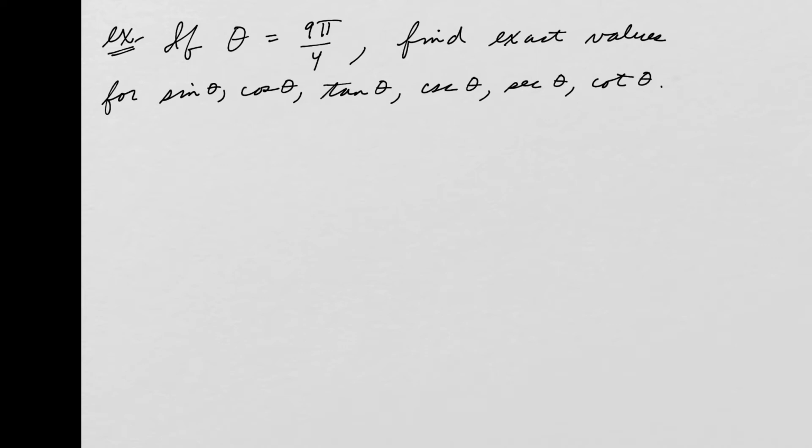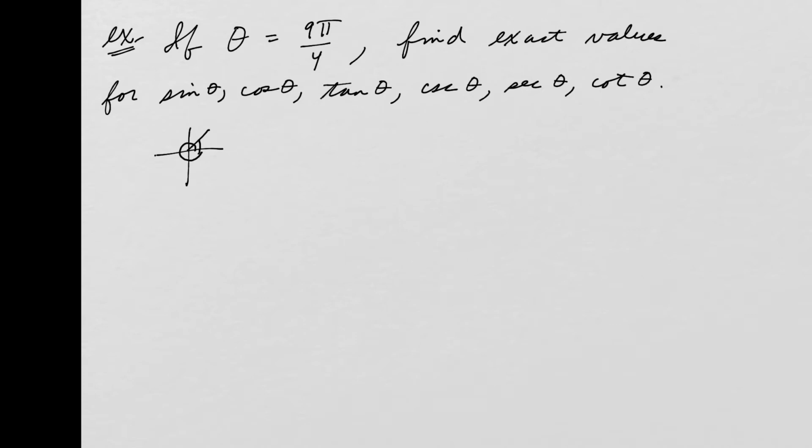So how do I find the reference angle? Well, 9 pi over 4: remember, 2 pi would be going around once, and then I'm going a little bit more. 9 divided by 4 is 2 point something, so it looks like I'm going to be in the first quadrant.